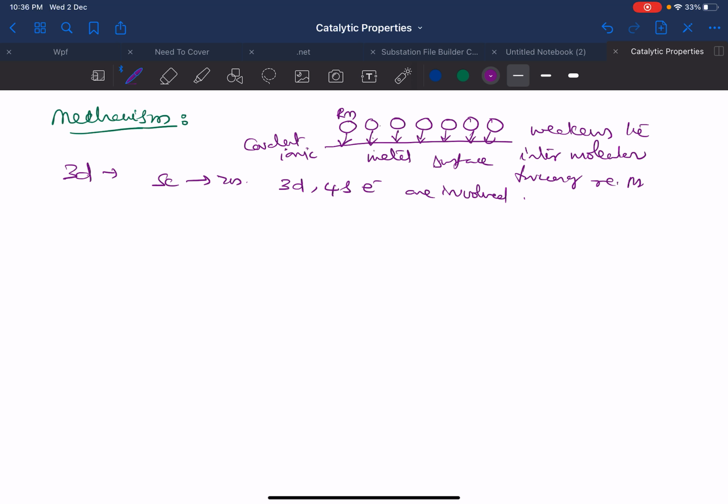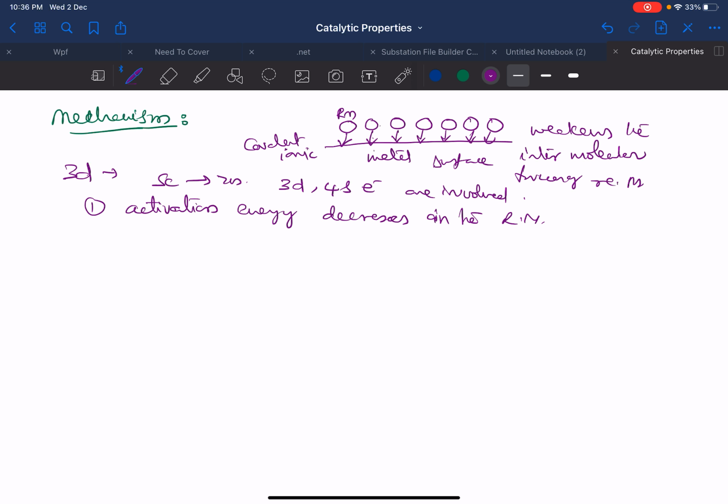Next, when these chemical bonds form between the reactant molecules and the metal surface, the activation energy of the reactant molecules decreases. Activation energy decreases in the reacting molecules.